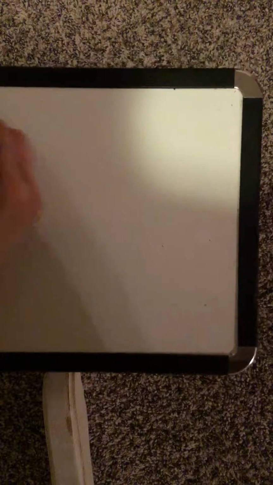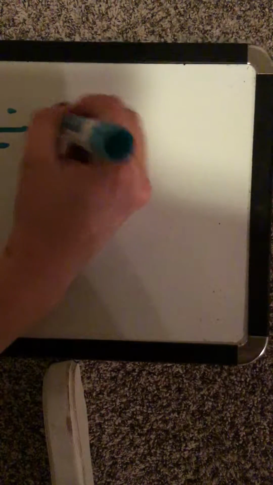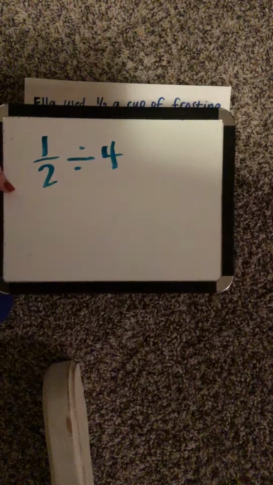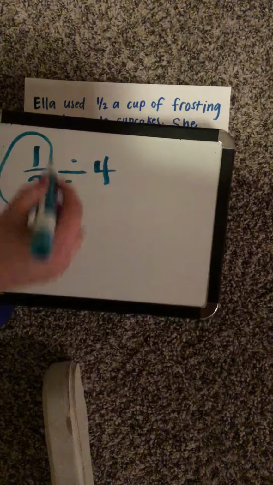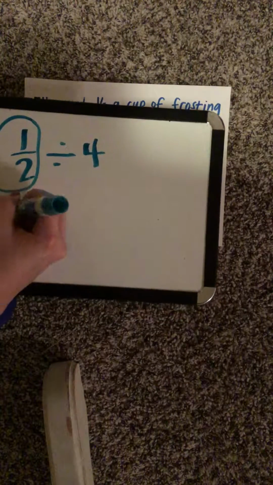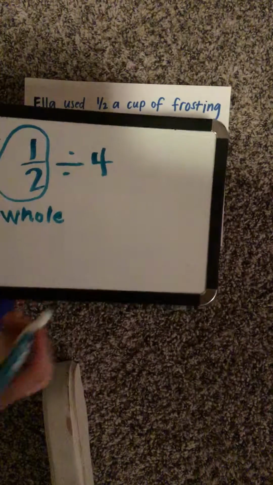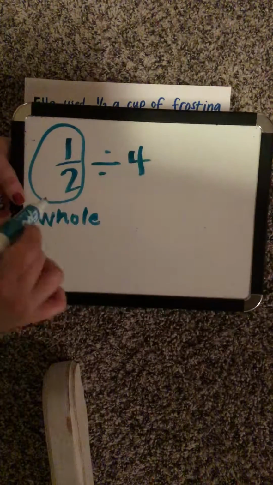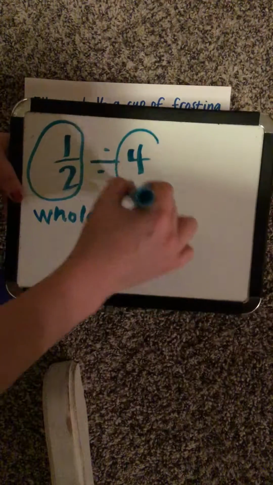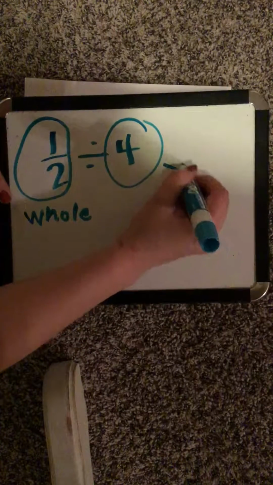So basically what we're trying to do is get 1/2 divided into 4, right? Well, for this problem, 1/2 is actually going to be our whole. We are trying to divide this whole into 4 equal sized parts.